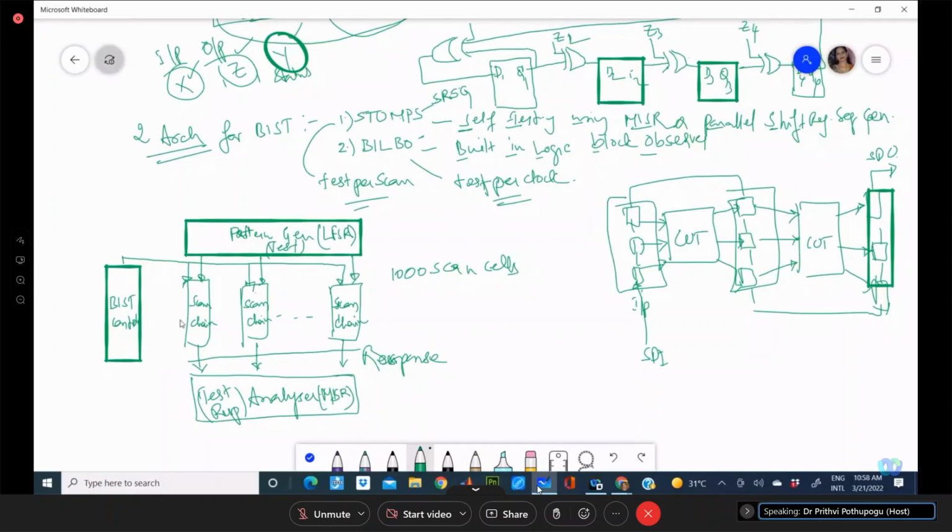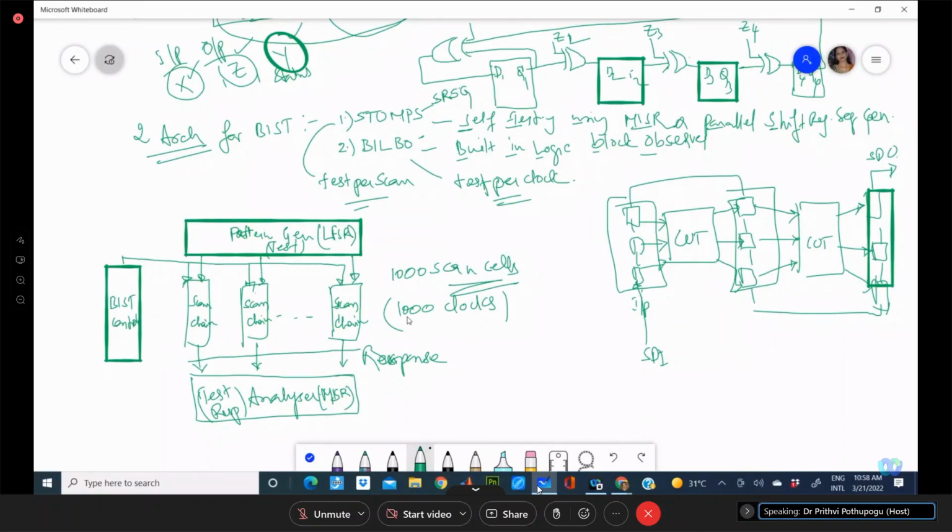A combination of boundary scan cells is the scan chain. Say in the total design you have 1000 scan cells. It needs 1000 clocks to generate the test pattern. However many boundary scan cells you have, that many clocks are needed.